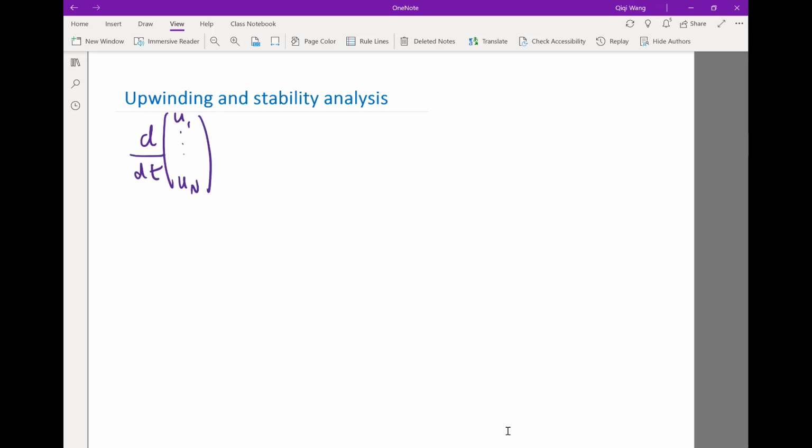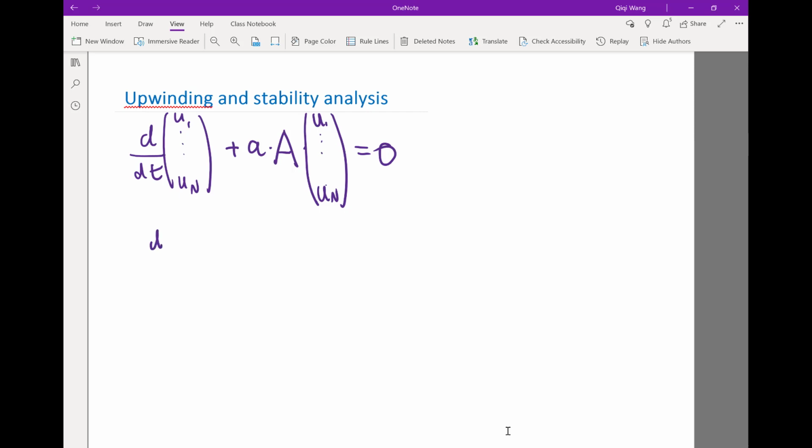So this is a vector of the derivative, plus my wave speed, basically the speed of how the wave is going. If a is positive, it goes towards the right; a negative, it goes towards the left. Times my big A times the same array is equal to 0. Agreed? My A is exactly the A I had.